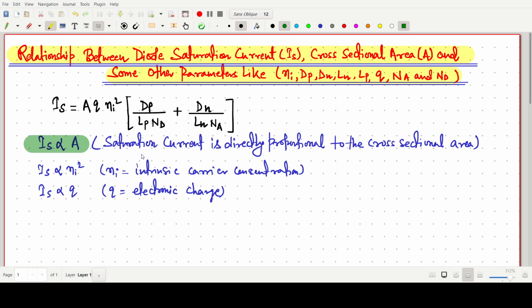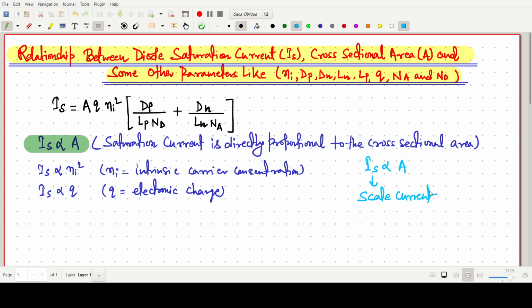I have already made a numerical, so I will put that numerical based on this concept in the description box. So Is is proportional to area, and this is sometimes called the scale current also.